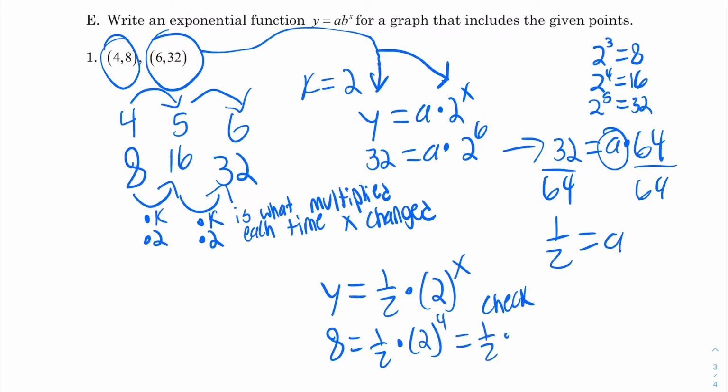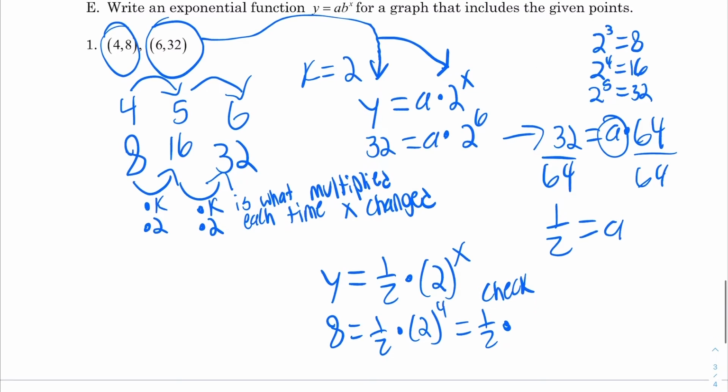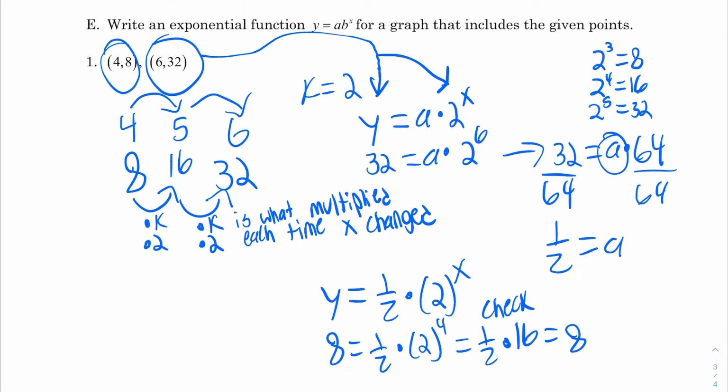I already wrote down the 2 to the power of 4 earlier. 2 to the power of 4 is 16. 1/2 of 16 is 8. So when we solve the right side of the equation, it gave us 1/2 of 16, which is 8, which is equal to the original y from the start of the question. So this method of solving works.